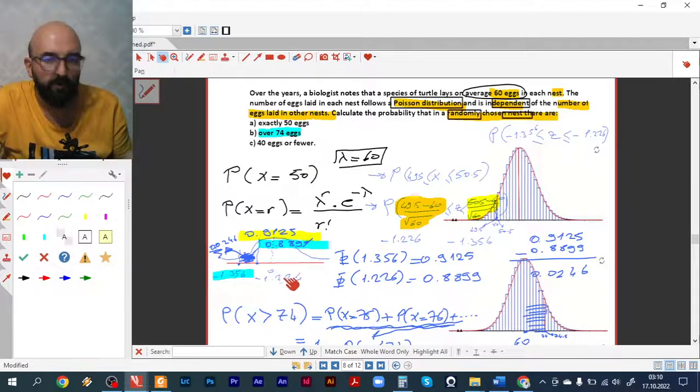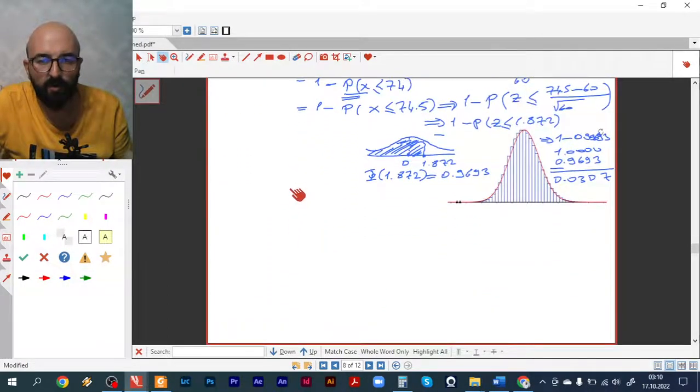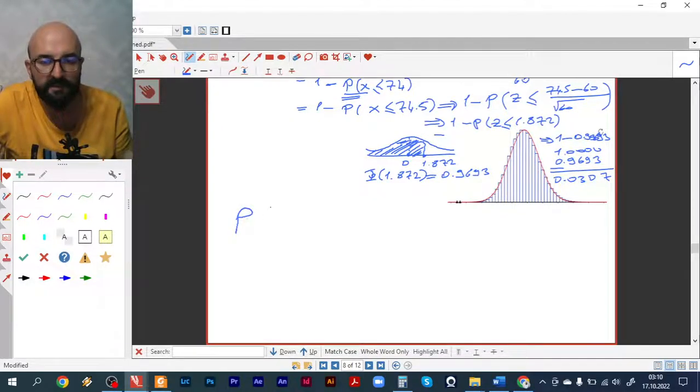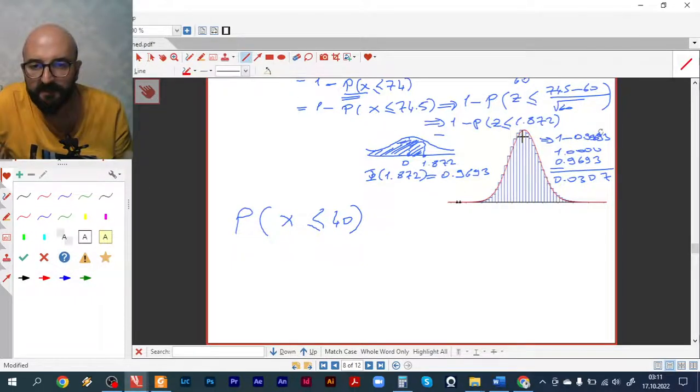Okay, now the other section, 40x or fewer. 40x or fewer means the probability of x less than or equal to 40. Please remember that the average is 60, so the middle of this graph shows 60.